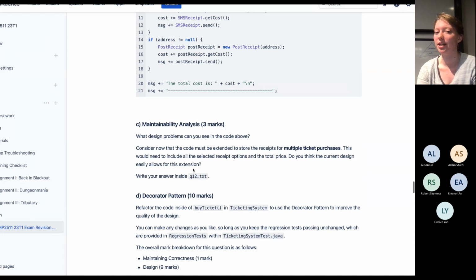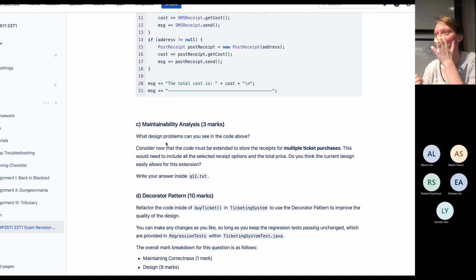So basically, if you wrote any of that stuff in here, again, for a lot of these questions, you don't have to write an essay. Normally, if you cover the key points, you'll get the marks. If you write an essay, one, you're wasting your time in the exam. And two, the marker is going to be like, oh, I have to read all of this, right?